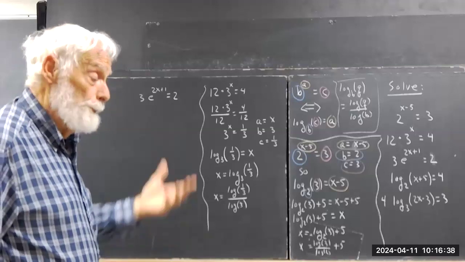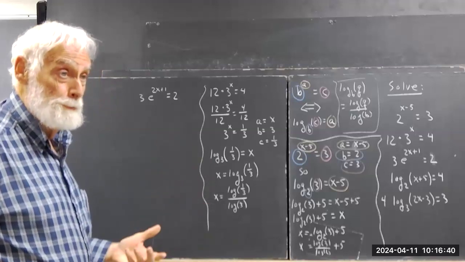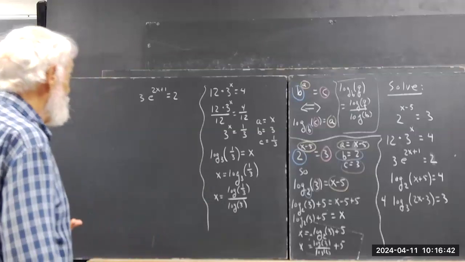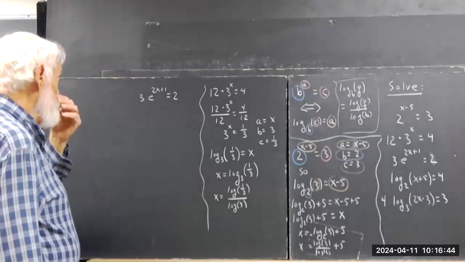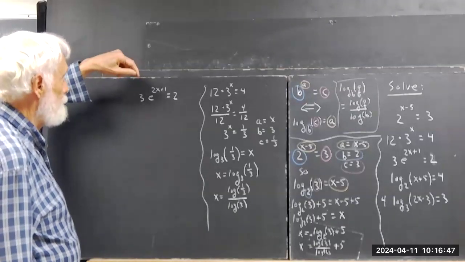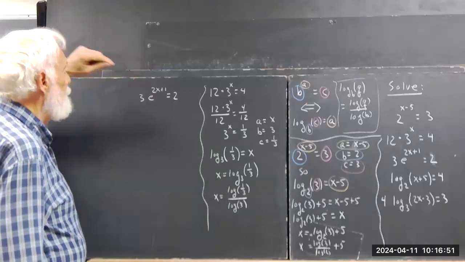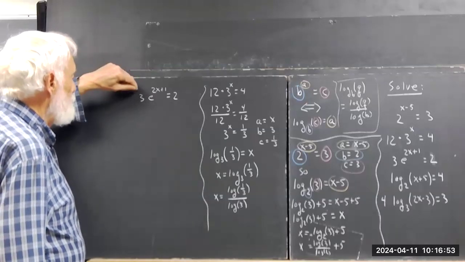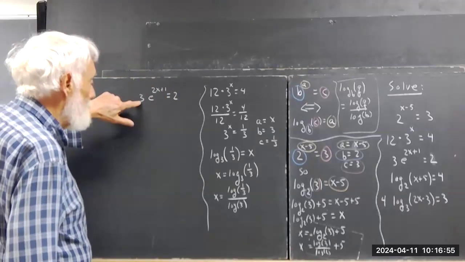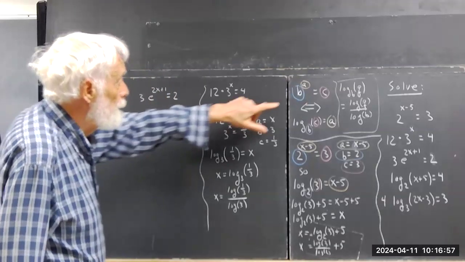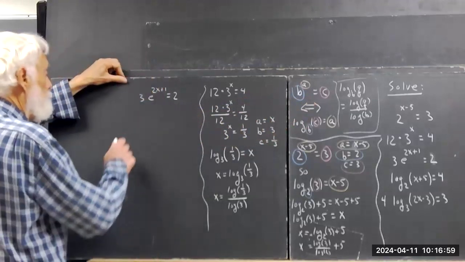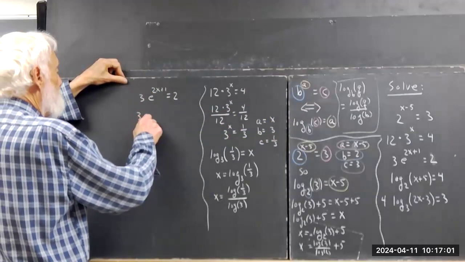It's a very important number, maybe the most important number in the universe. But in this course, you're not going to fully appreciate why it's important. So what do we do? That 3 is in the way. That 3 prevents it from being in this form. So we have to divide both sides by 3.